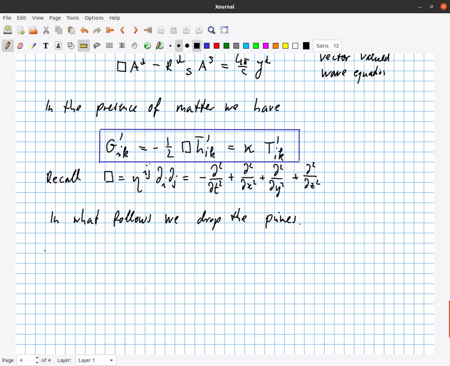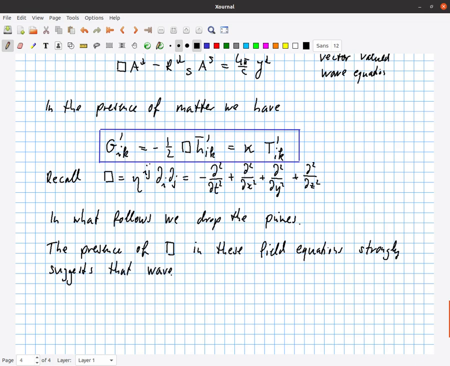Here we expect the final note should really be, say, that the presence of box in these field equations strongly suggests that wave-like solutions can be found.